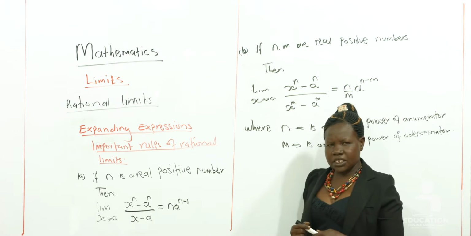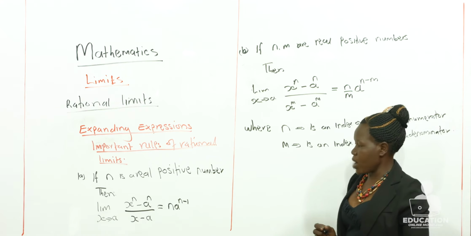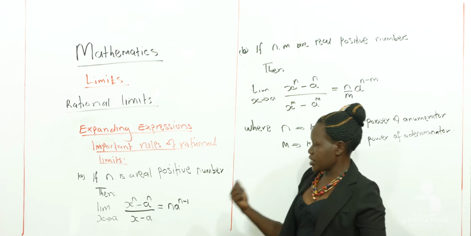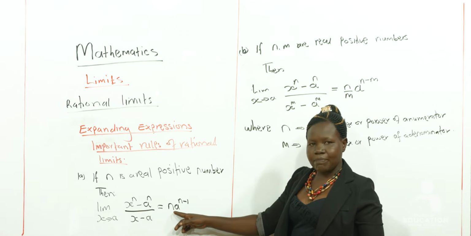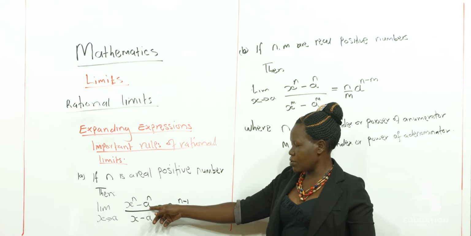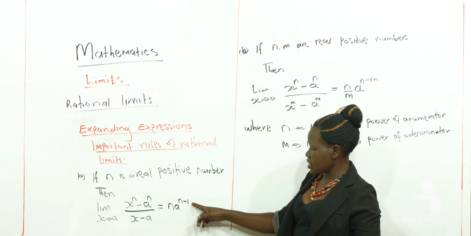The numerator is powered and the denominator contains a power of 1. In this case, you express that function by taking the power times a, which is now the base or the real number, raised to n minus 1.